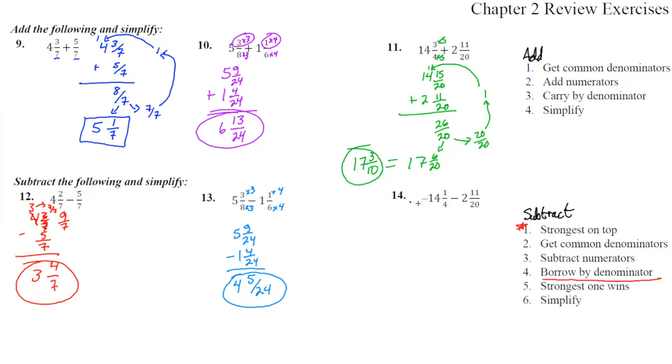All right, and the final one. Number 14. Ooh, these are both negatives. So we have a negative 14, and let me see, common denominator, we're going to times that by 5, times it by 5. So we get negative 14 5/20, and a negative 2 11/20. So let's double check here. These are the same sign.